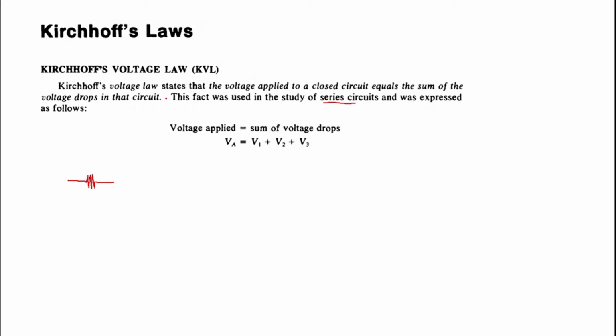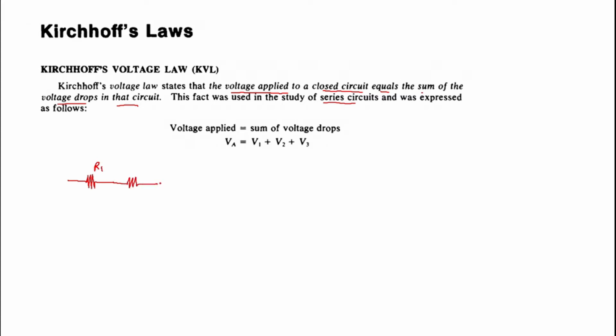For the KVL, the voltage applied to a closed circuit is equal to the sum of the voltage drops in that circuit. In equation form, the voltage applied is equal to V1 plus V2 plus V3.